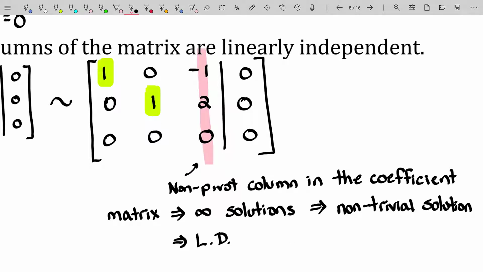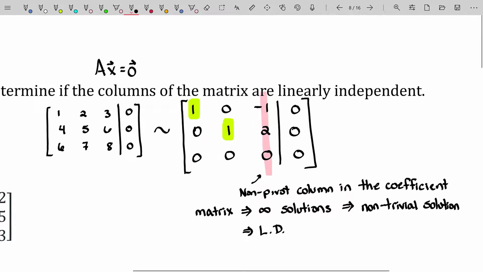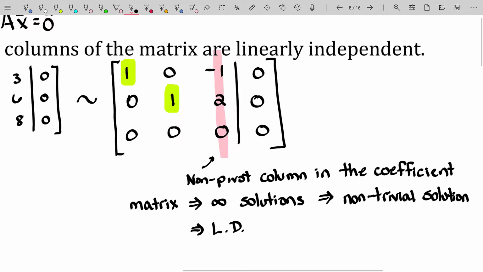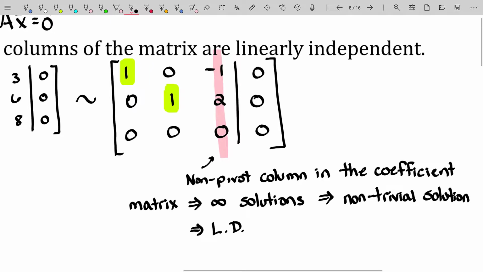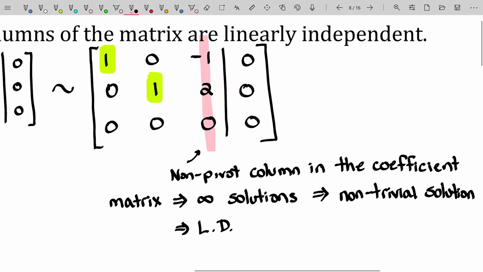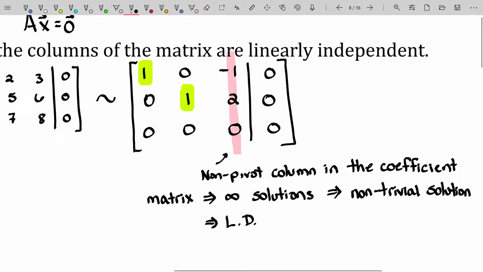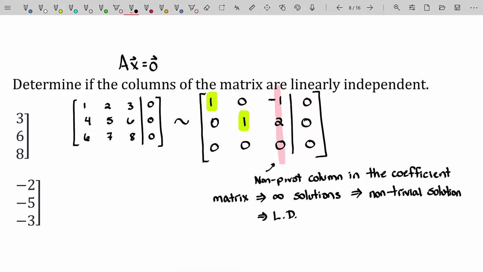So a non-pivot column in the coefficient matrix implies the corresponding system has an infinite number of solutions. Our system is AX equals 0. So that means, since we have an infinite number of solutions, we must have a non-trivial solution. And by the previous theorem, if AX equals 0 has a non-trivial solution, the columns of A are linearly dependent.